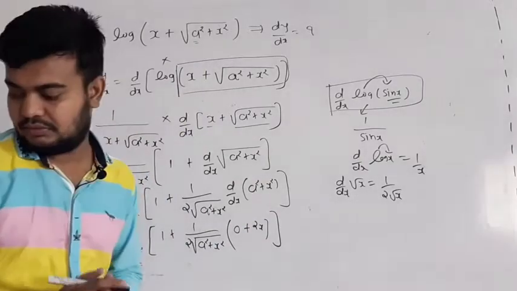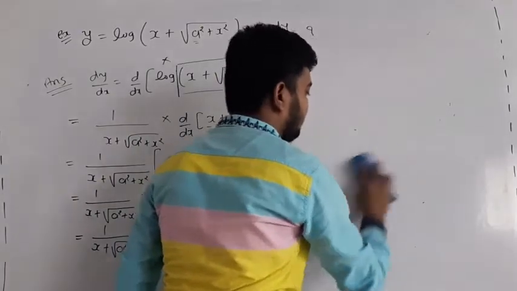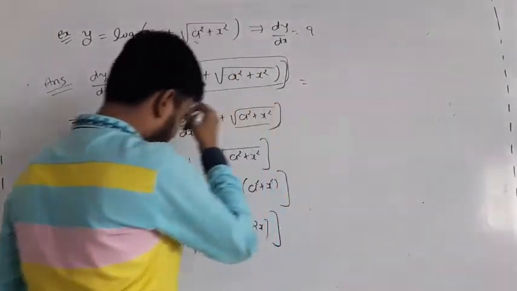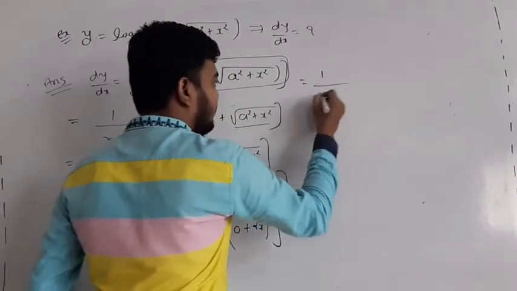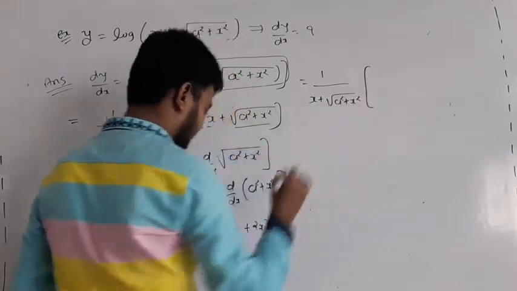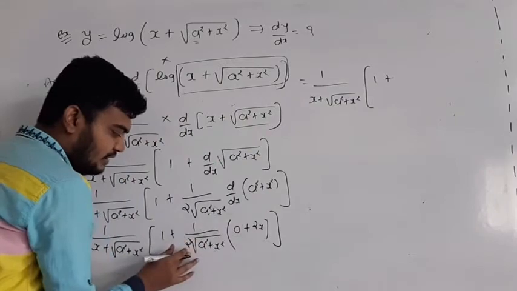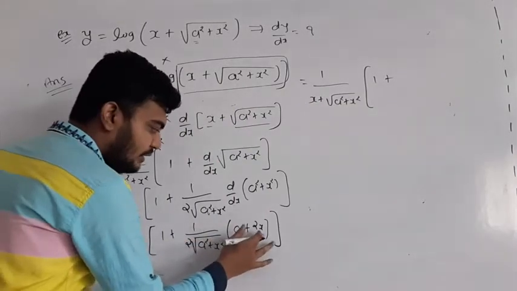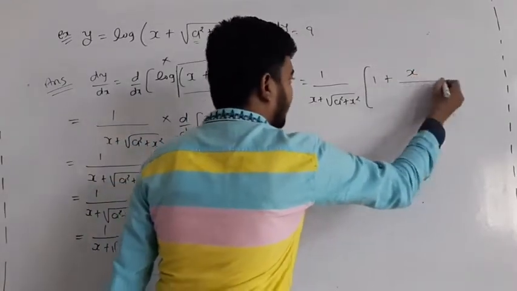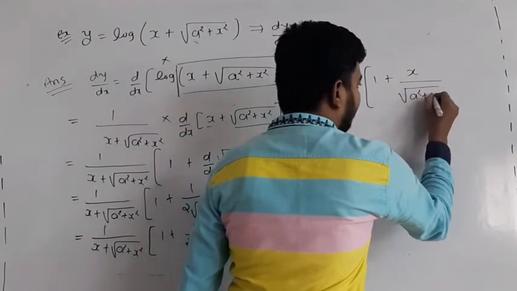So 1 by x plus under root a square plus x square as it is, 1 plus, and the 2 and 2 will be cancelled out, because 0 plus 2x becomes 2x. So the 2 is cancelled out, so we get x upon under root a square plus x square.